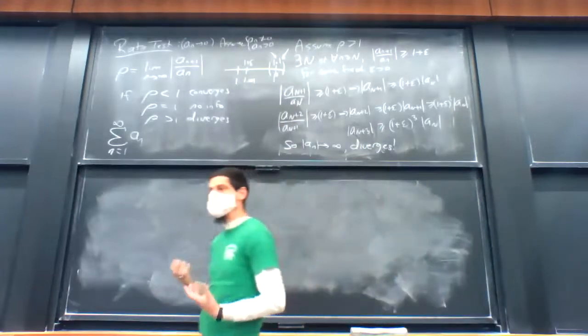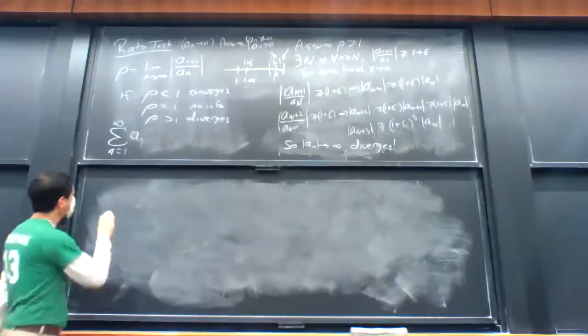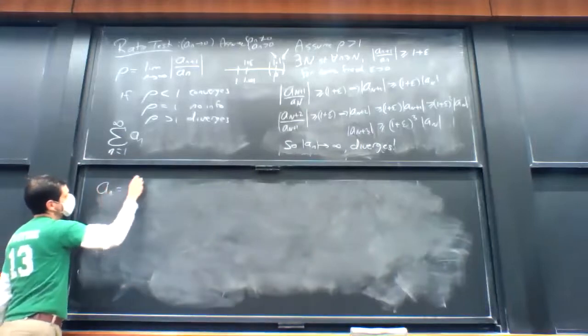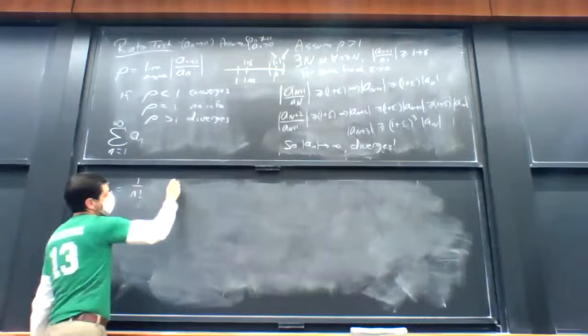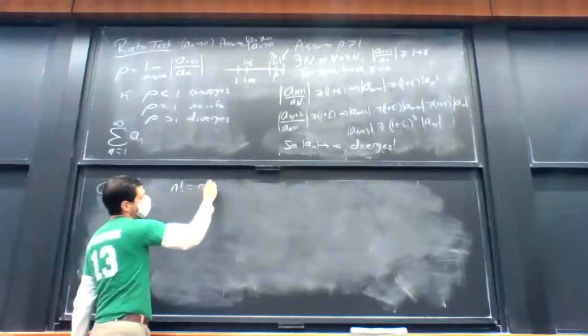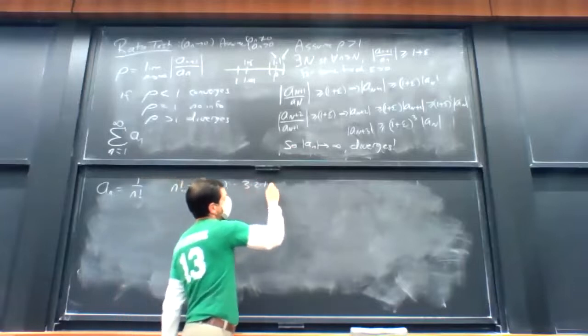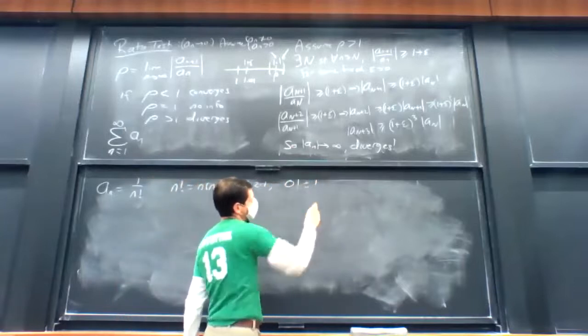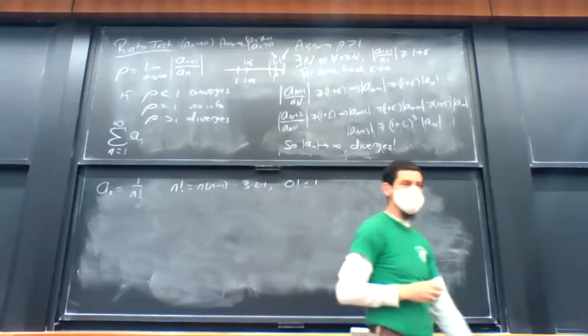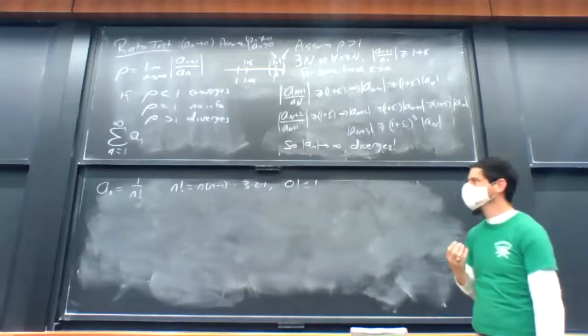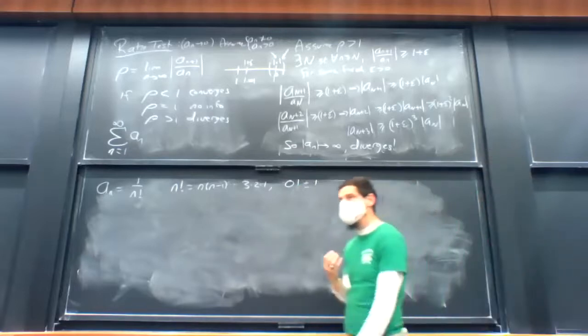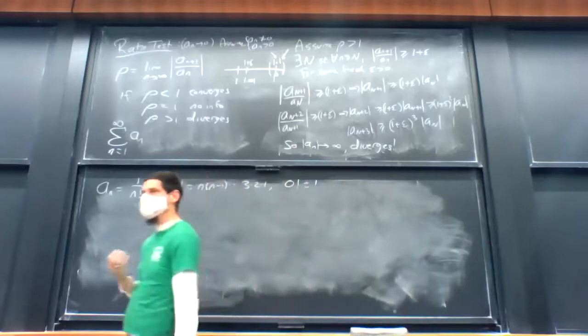Let's apply the ratio test. So let a_n equal 1 over n factorial. So n factorial is n times n minus 1, down to 3 times 2 times 1, and 0 factorial equals 1. The combinatorial interpretation of n factorial is the number of ways to order n objects where order matters.